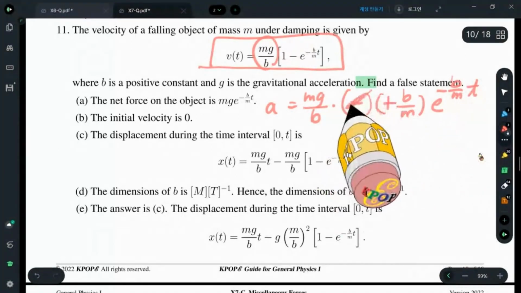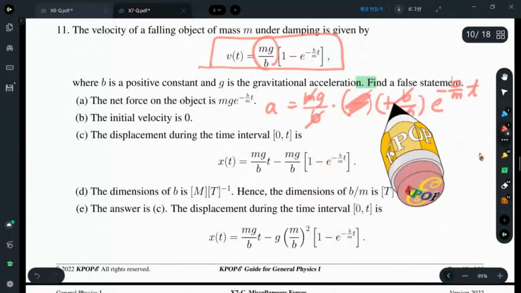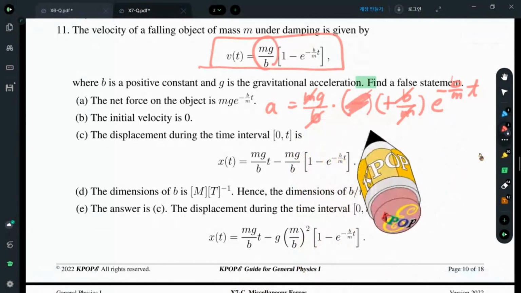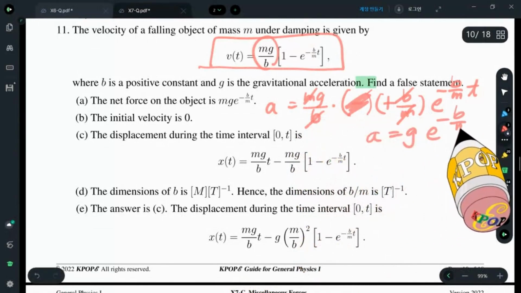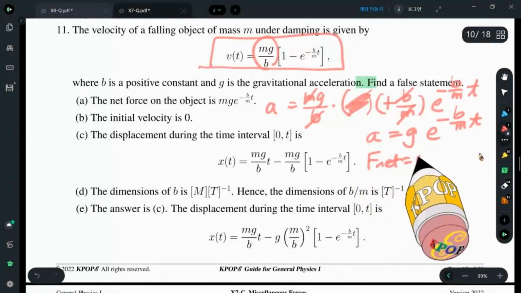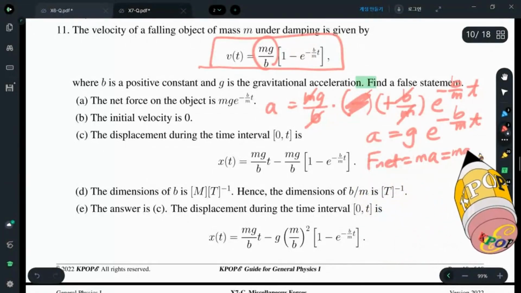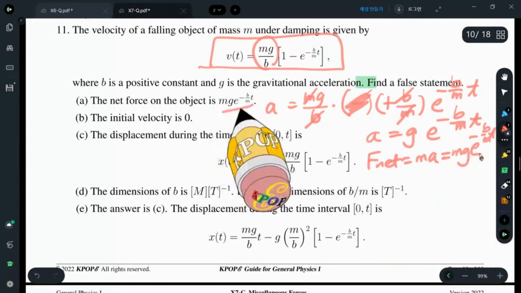So this becomes a plus, b and b cancel, so a equals g e to the minus b over m t. So F net equals ma equals mg e to the minus b over m t. Right, this is correct.